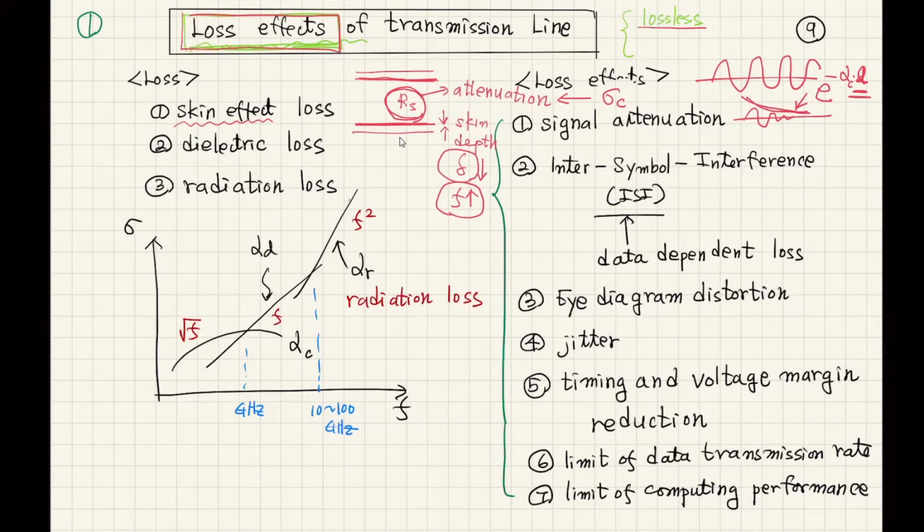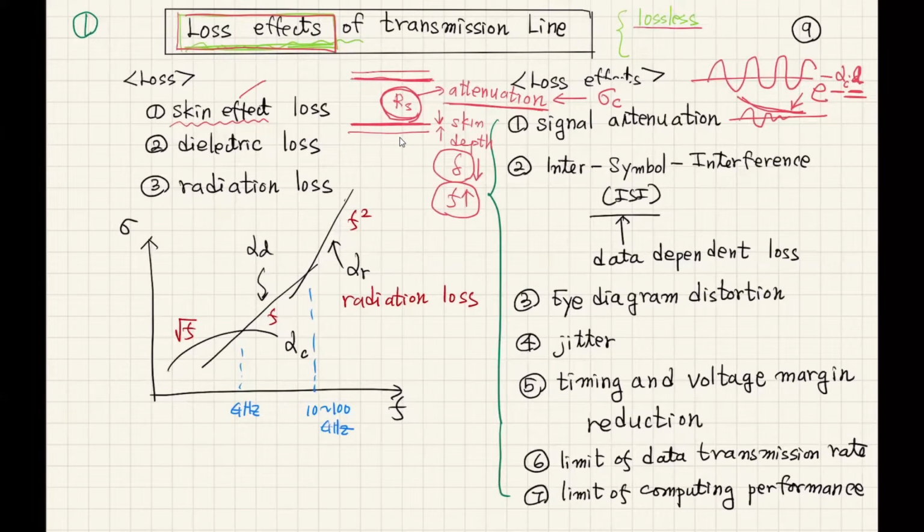If your data rate is increasing, the attenuation constant will increase, and because of that, you will have more attenuation. So even though at the transmitter side you are sending a 1 volt signal, at the receiver side it could be less than 100 millivolts, and it could result in voltage and timing reduction. Later, I'm going to show you that this skin effect loss is proportional to the square root of frequency.